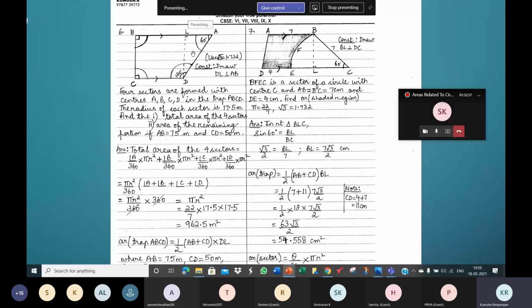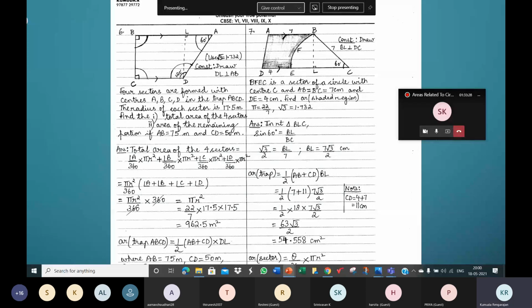In a right triangle, when you know any two things, two sides or one angle and one side, you can use trigonometry and find the length of the unknown. Here we are interested in finding DL. We need to connect DL with the known things, 60 degrees and 25 meters.